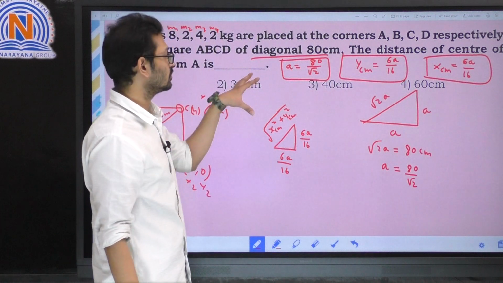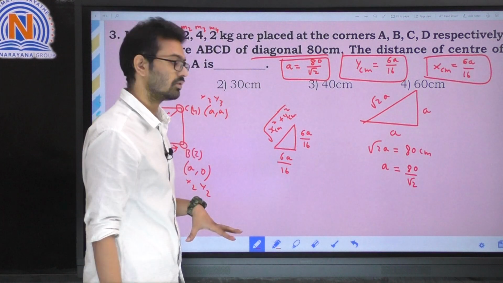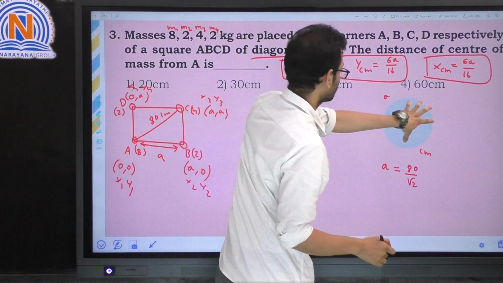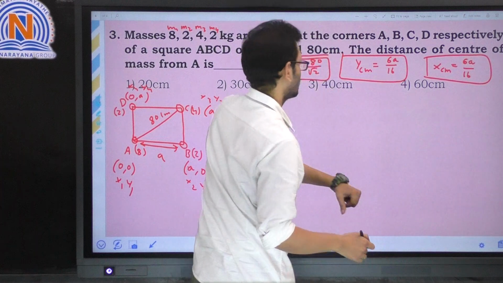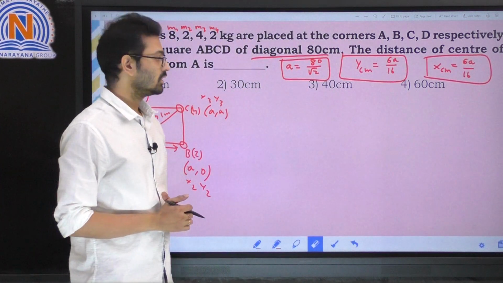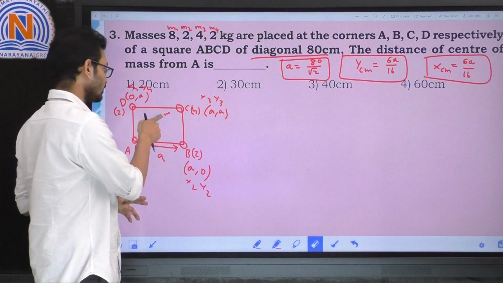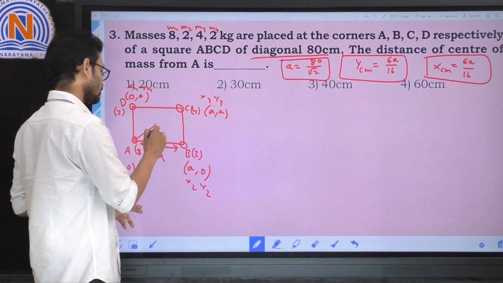Now let us try to use all these values and find out the distance. They ask you from A the center of mass.